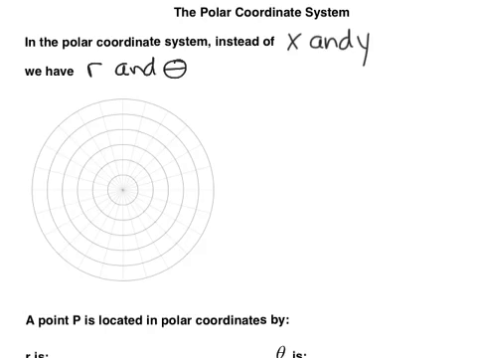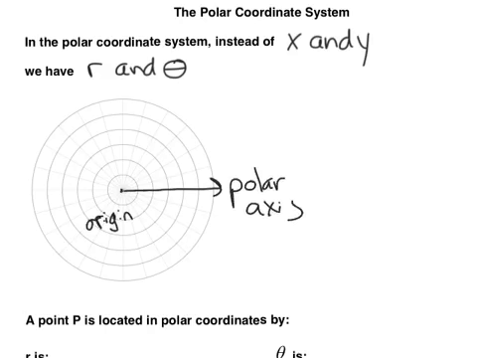If we look at this, instead of a rectangular grid, we have circles. We still have an origin, so that's still the center. And instead of an x-axis, we have what's called the polar axis. So that's kind of our starting point. Now the grid, instead of being rectangular, consists of concentric circles radiating from the center.